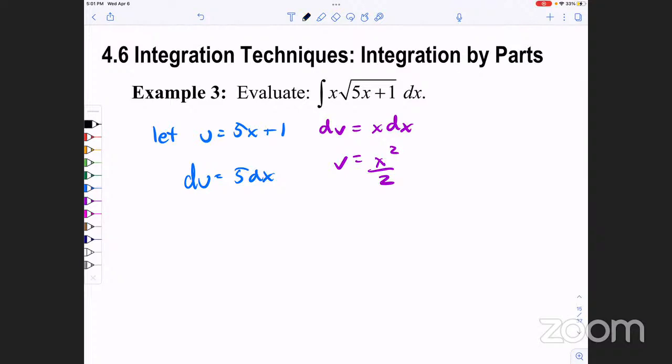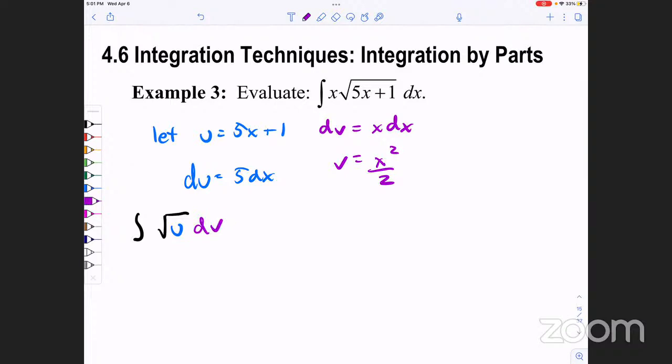And then when we make our substitutions, we got the integral of the square root of u dv, right? But this doesn't have the proper form for us to do integration by parts.